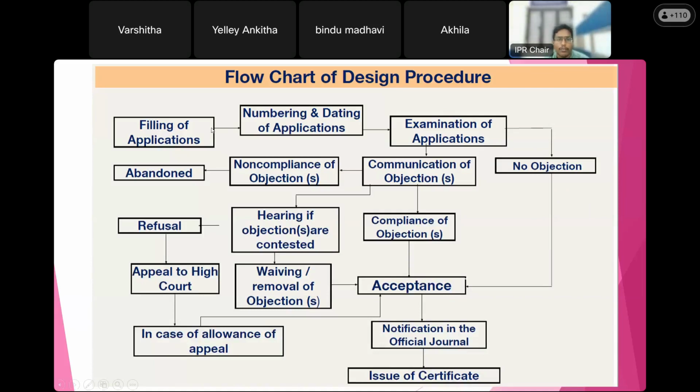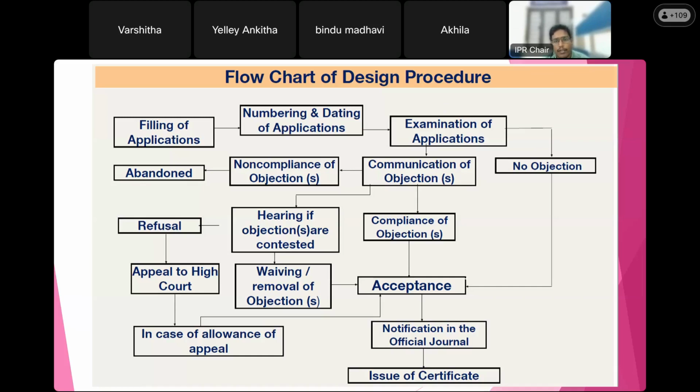This is the process at the Controller General of Patents, Designs and Trademarks office. The design headquarters is in Kolkata. You can file online, so you don't need to go anywhere. First is filing the application. As soon as you file, you will get the number and date of application.